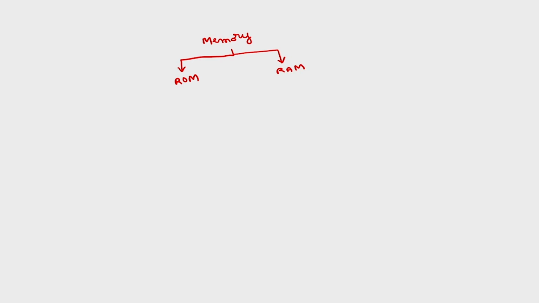Again, in read only memory there are different types like PROM, programmable read only memory, erasable programmable read only memory, and electrically erasable E-square PROM. Similarly, in RAM also we have static and dynamic.